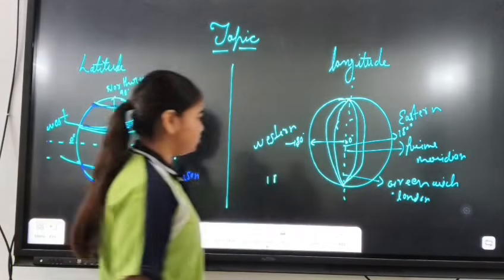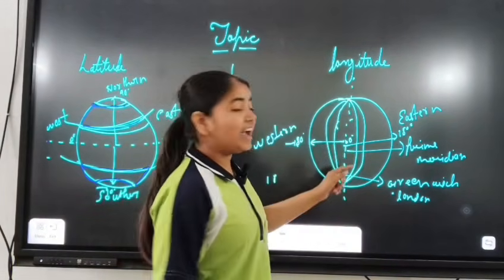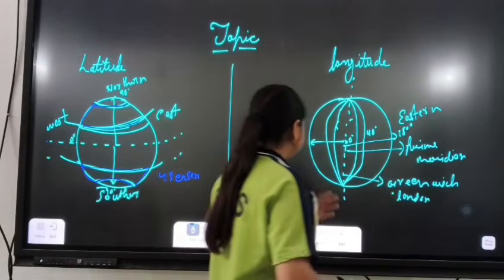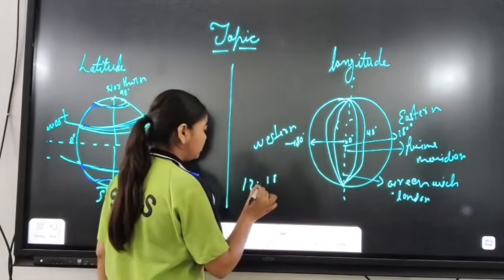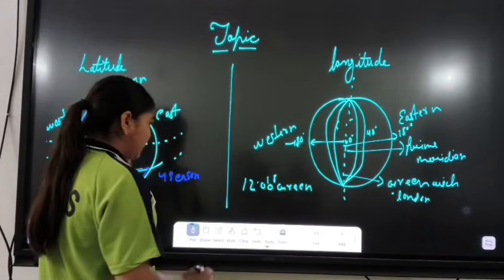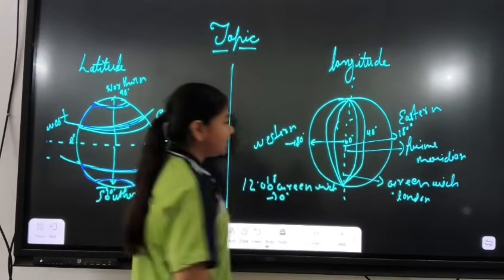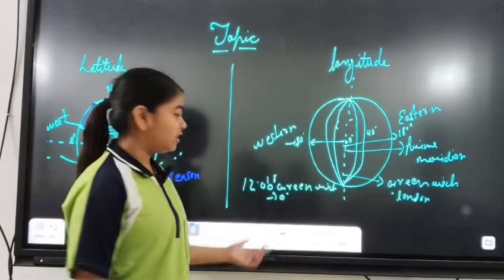How? Let me tell you. You just need to calculate the line, and each degree has a difference of 4 minutes. So just calculate like it's at 12 noon at Greenwich, which is at 0 degree. When I talk to you about at 1 degree, what will be the time?